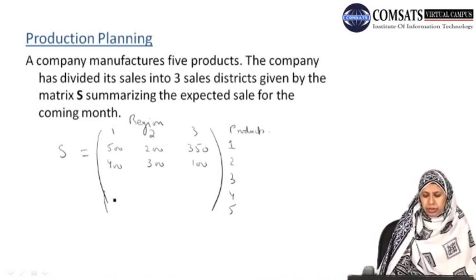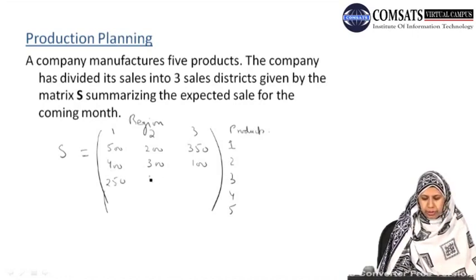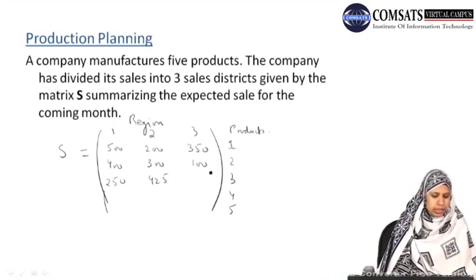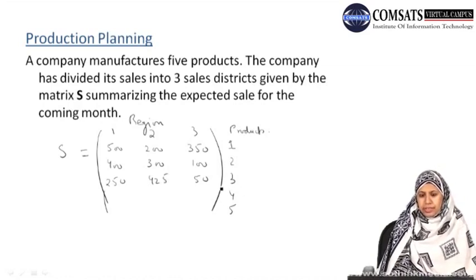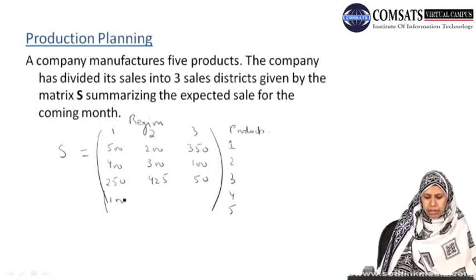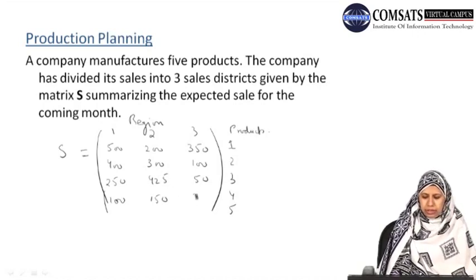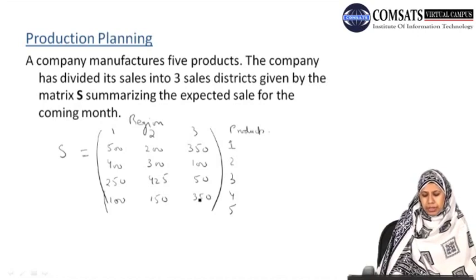Similarly, the expected sale of the product 3 in region 1 is given by 250 units, in region 2 by 425 units, and in region 3 by 50 units. The expected sale of the product 4 in region 1 is given as 100 units, in region 2 as 150 units, and in region 3 as 350 units.